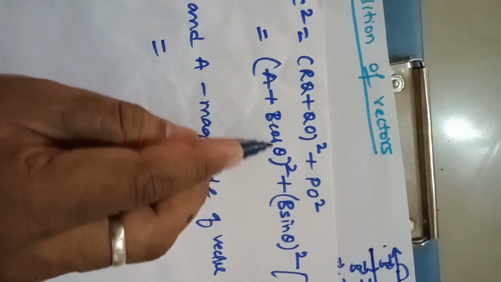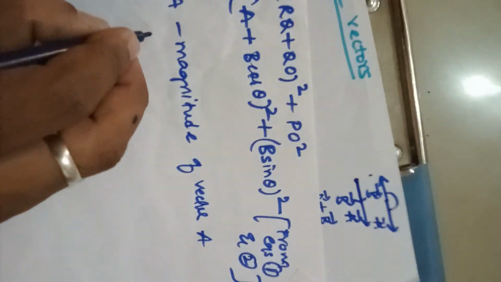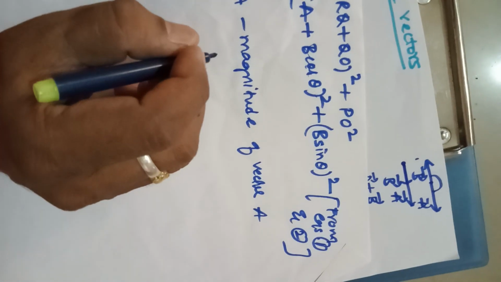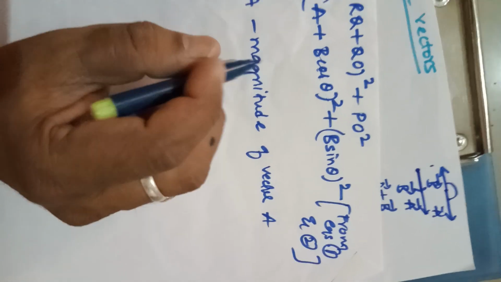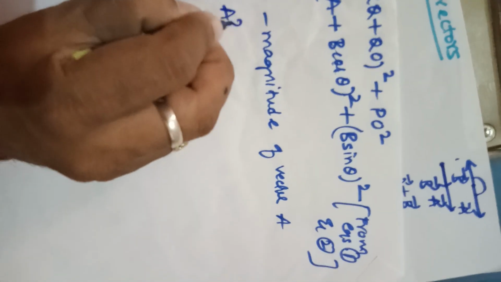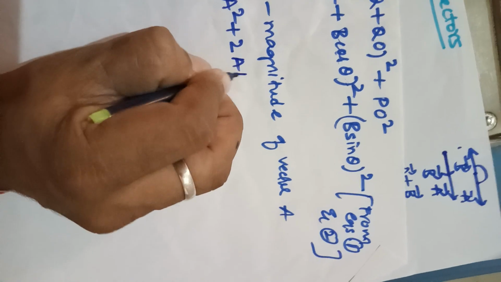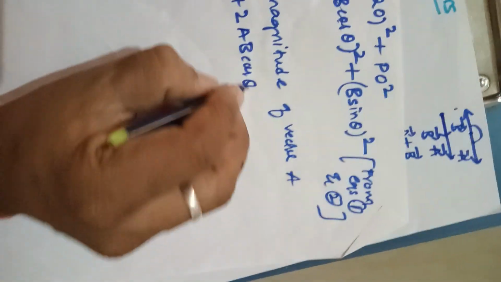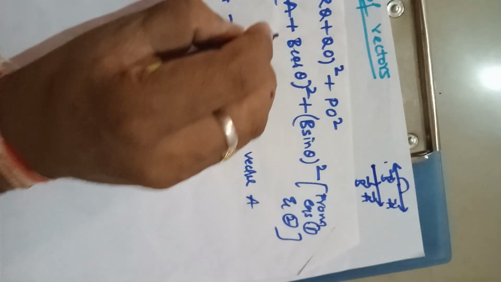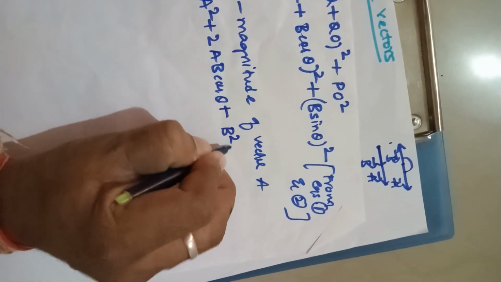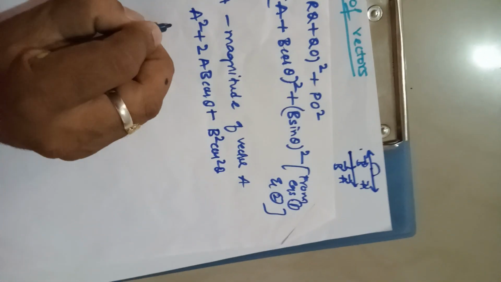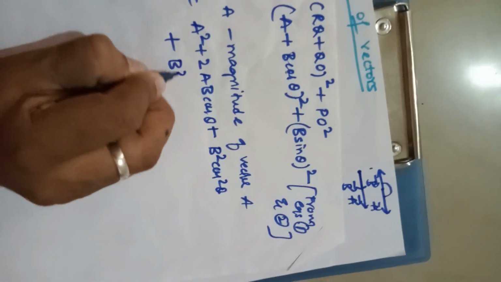We just need to simplify this equation further. Here I shall expand A plus B cos theta whole square by using the algebraic identity: A plus B whole square is equal to A square plus 2AB plus B square. So I can write this as A square plus 2AB cos theta plus B square cos square theta, plus B square sin square theta.